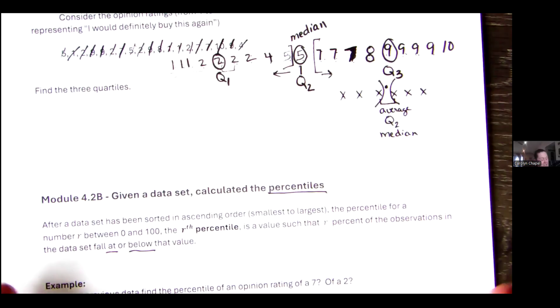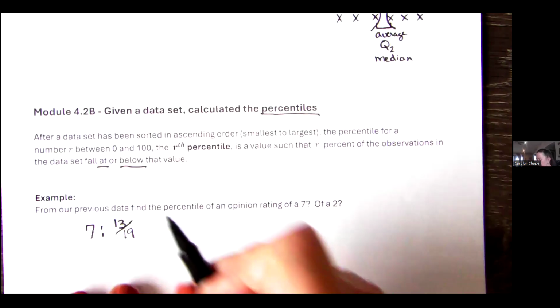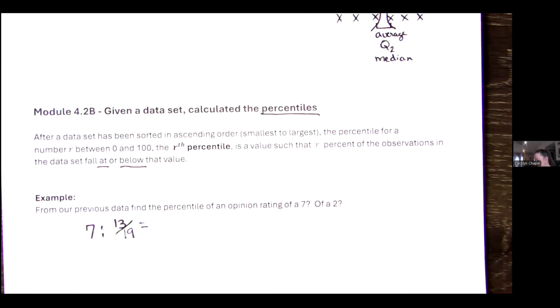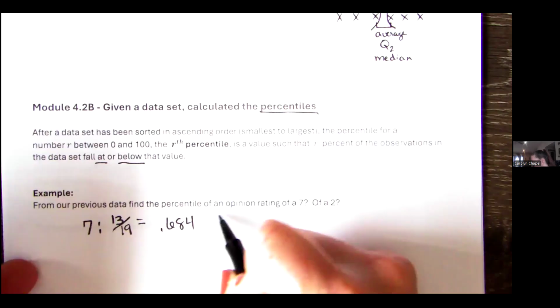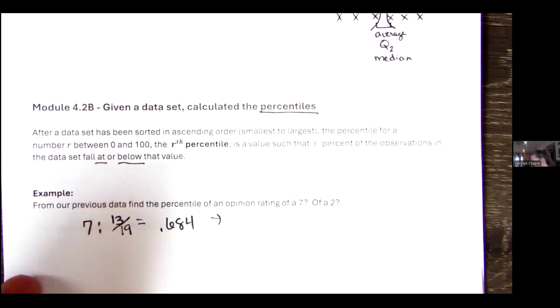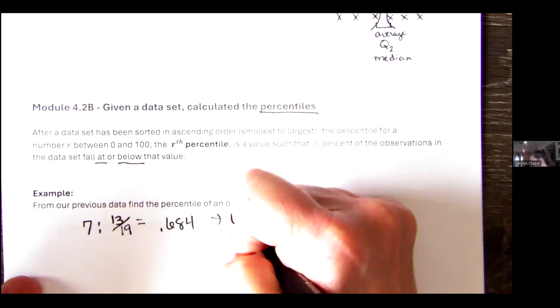And if you wanted to change that to a percentile, we would actually do that division. So 13 divided by 19 gives me 0.684. And if you wanted to round to just the nearest percent, I'd say that this is the 68th percentile.